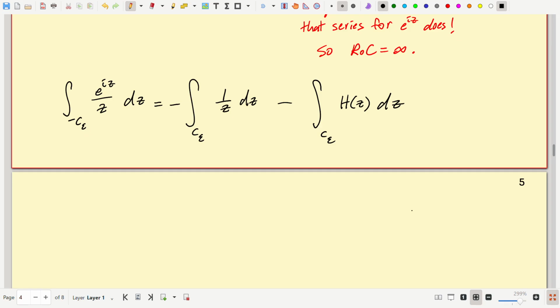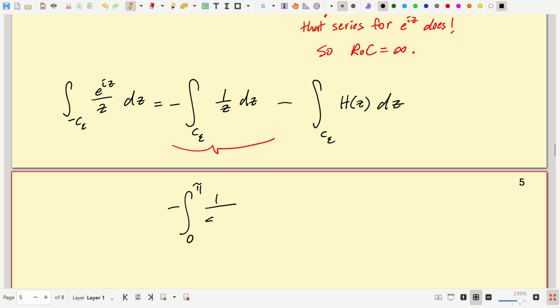Okay, so let's do the first one. The first one I can actually calculate. That one is going to be minus the integral from 0 to pi, 1 over z of t is epsilon e to the it, and the dz would be i epsilon e to the it dt.